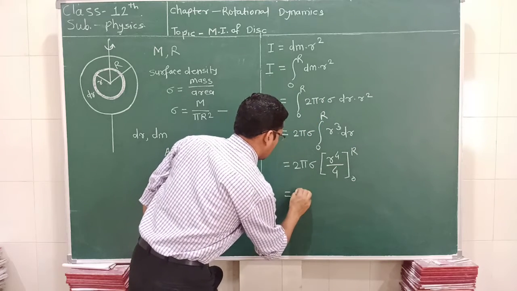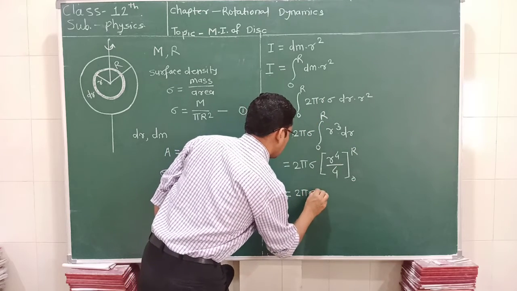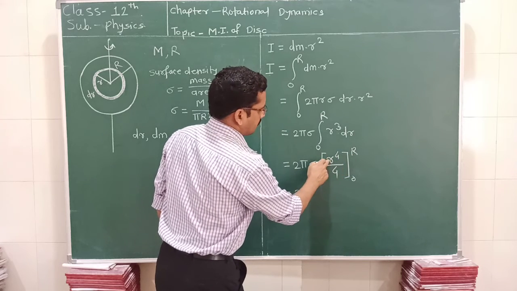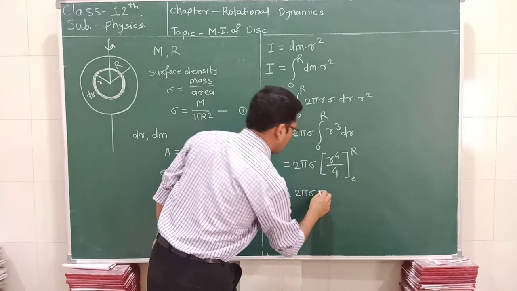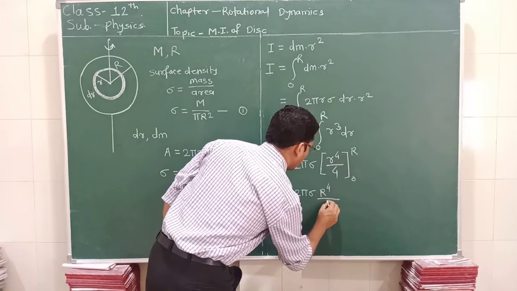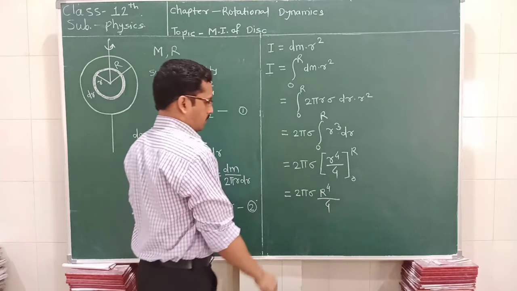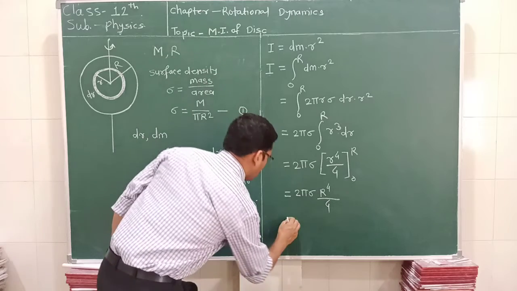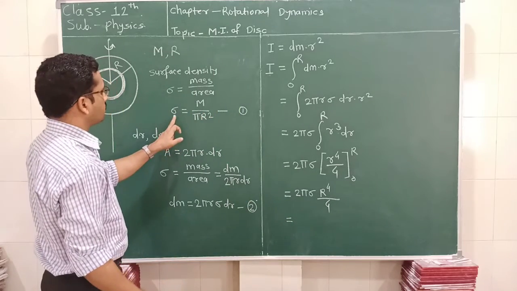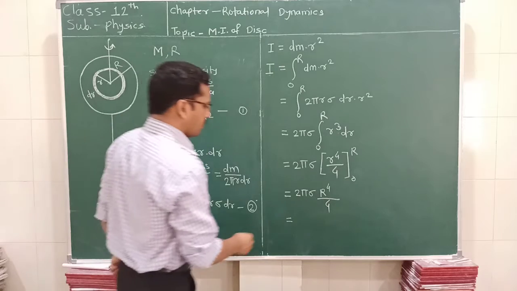So it is 2 pi sigma. Now, replacing small r with capital R, we write R to the power 4 divided by 4. Now we can put in the value of sigma. Sigma is equal to M upon pi R square.